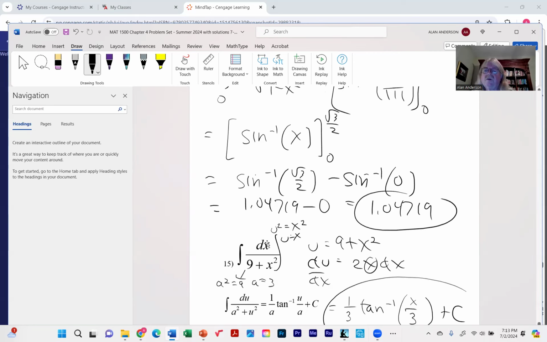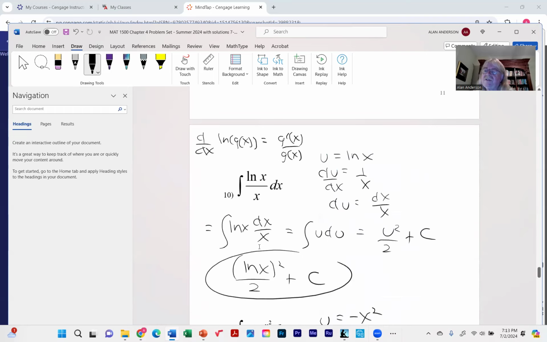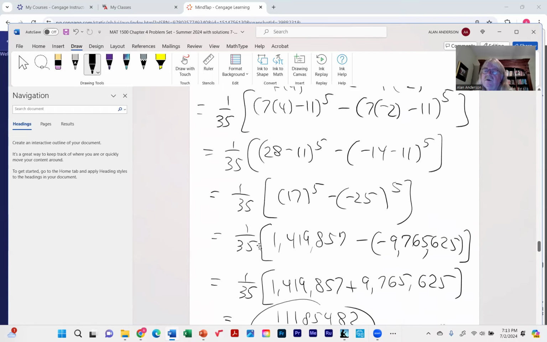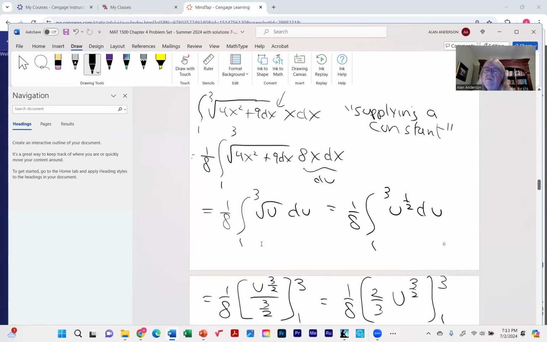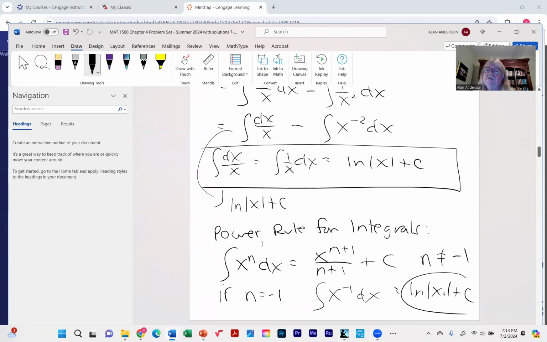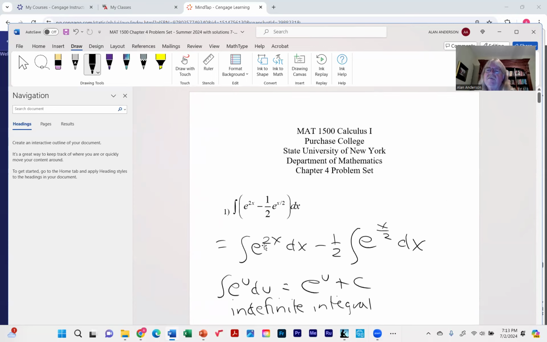Now later on, of course, we'll keep expanding our integration skills, and we'll learn more and more complex techniques for more and more complicated cases. But for now, for chapter 4, this is obviously not a complete set of problems that you could run into, but it's a very good representation of them. So if you can do these, you'll be in pretty good shape.